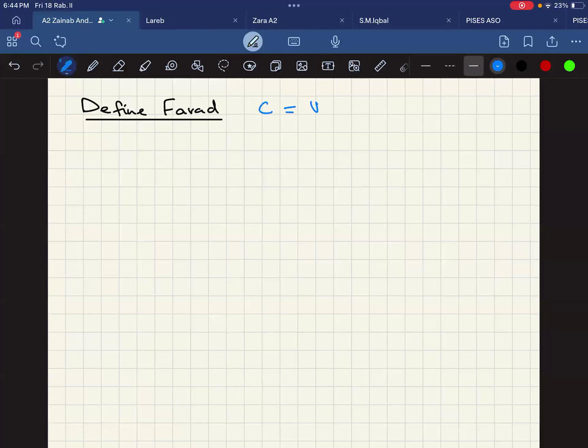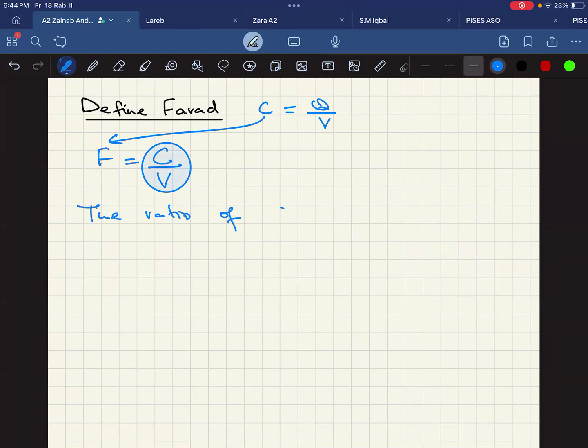If we know the equation of C, Q upon V, we can easily define Farad. Q has a unit of C, V has a unit of V. So we can say that the ratio of coulombs to volt is called farad.